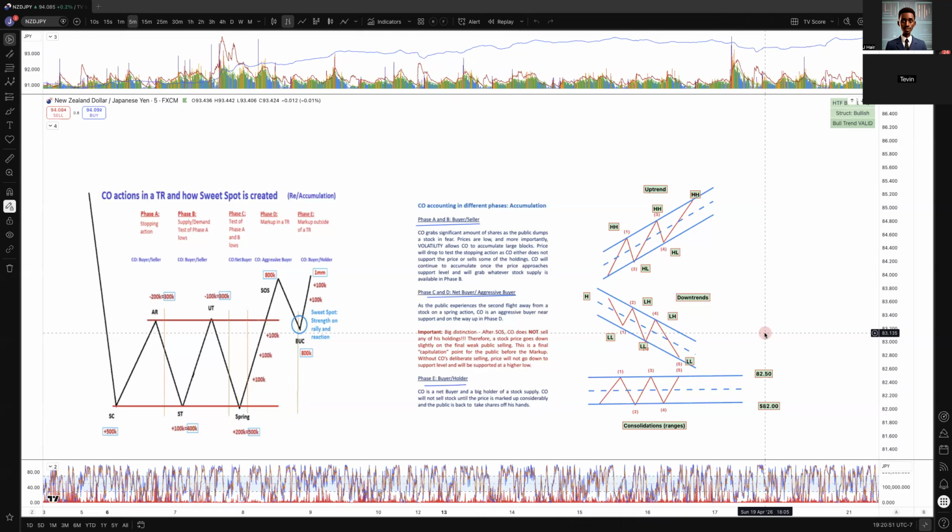And a lot of people will say, oh, there's more buyers than sellers in that uptrending market, or there's more sellers than buyers in this downtrending market, or the buyers and sellers are equal in this consolidating market. But the consolidation, from a volume spread analyst perspective, paints the picture. It paints what the rest of the market participants are not seeing. So that's why I utilize this as one of my strongest edges.